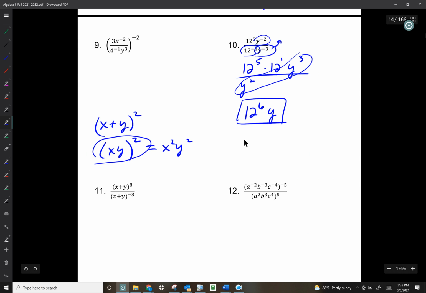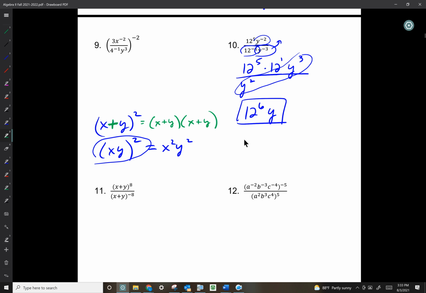X squared, y squared. But if this is addition or subtraction, you don't apply that 2 to these separately. You would have to think of it as the entire x plus y, and if it's squared, doesn't that mean it's multiplied by itself? And when you look at it that way, you would have to multiply it out and use FOIL. Okay, so make sure you don't get those mixed up.